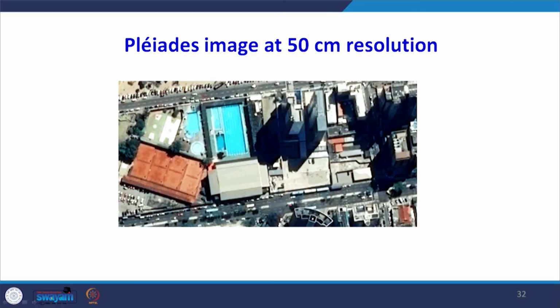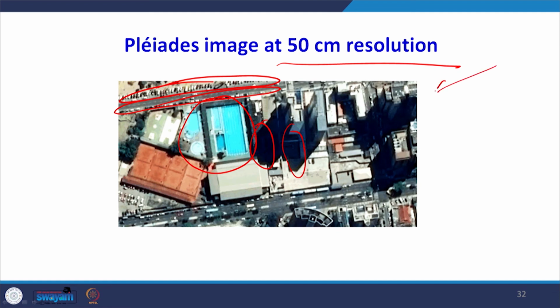The same area which I showed, this swimming pool area, this is at 50 centimeter resolution. So, these are those pool areas, and again you can see the cars which are parked all along the side of the road, and then the height of the building. You can see the shadow this time, because the sun angle is on this side, and it is casting the shadow.